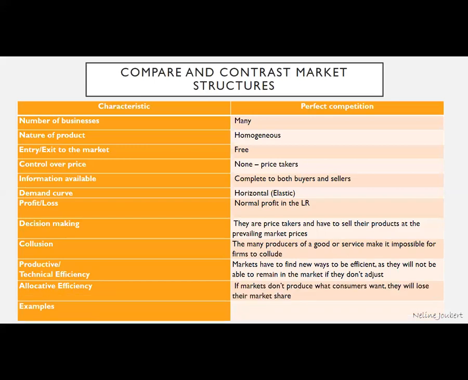Allocative efficiency means that you have to actually produce what the consumer wants. If you don't, you're going to lose all of your market share. And then perfect examples of this include agriculture, anything that we produce in agriculture, gold, maize, etc.